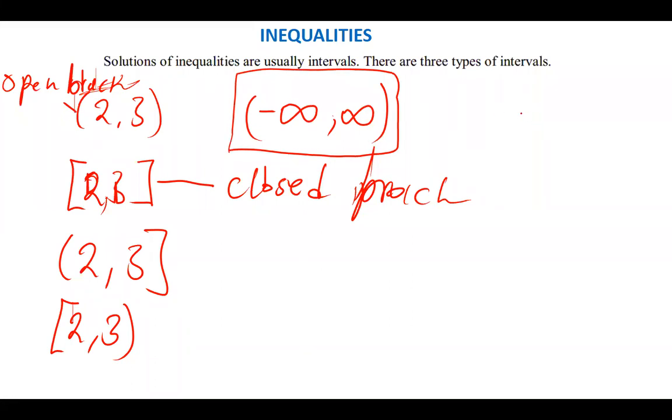So if you have, maybe, negative infinity to 3, the infinity side is open, and on 3 it depends: if 3 is part of the set, you're going to have a closed bracket, and if it's not part of the set, you're going to have an open bracket. So you have to understand all these things. Inequalities have solutions which are represented in intervals in most cases.